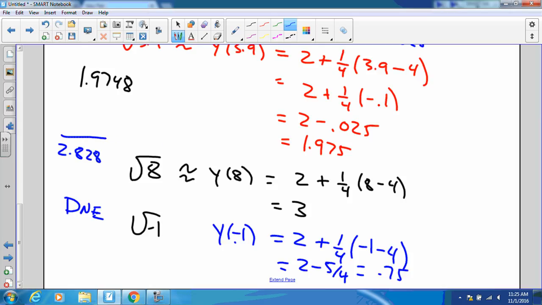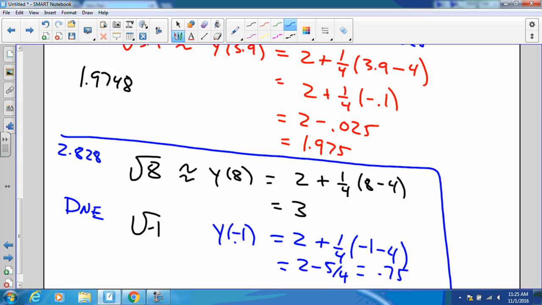So the moral of the story is that these are not valid uses because the x values are not close to 4. And in the last case, because the x value that I pick is actually outside the domain of the function. So observe that our local linearization has a domain of all real numbers, whereas our function does not.